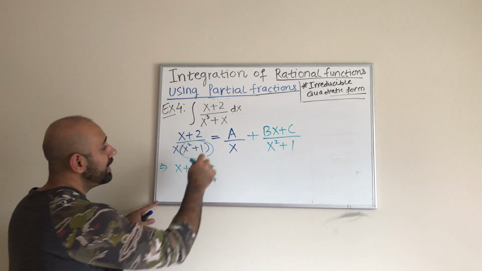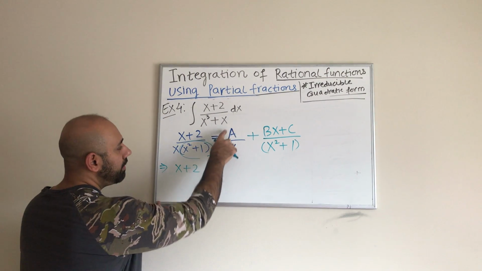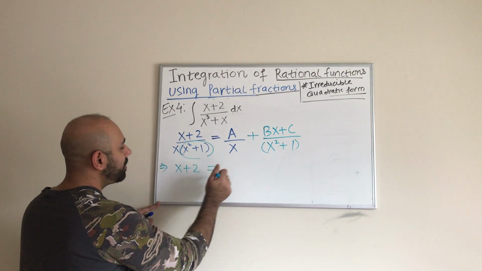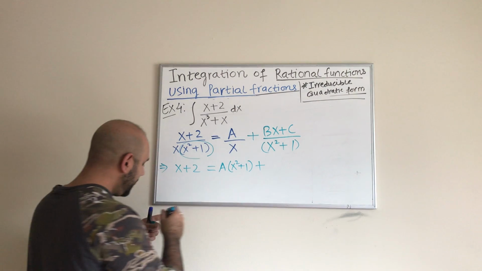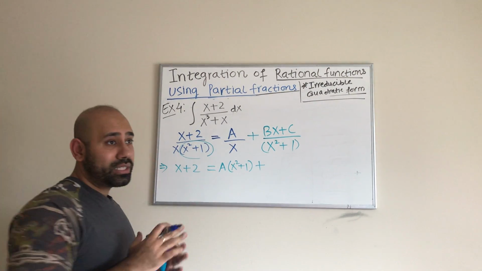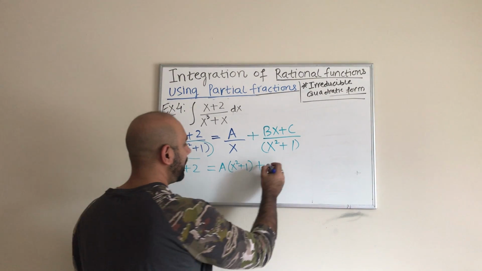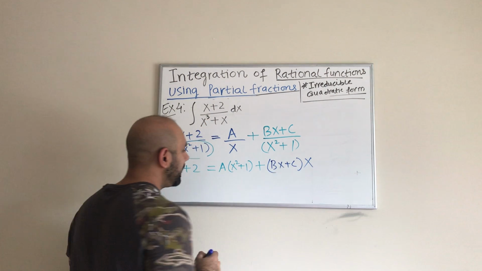On the right hand side, I have two terms, so I have to multiply each individual term. When I multiply the first ratio, the x's will cross out, and I will be left with A times x squared plus 1. And then if I multiply the second term, x squared plus 1 and x squared plus 1 will cross out, and I'll be left with only x. So I can write this as Bx plus C times x, right?